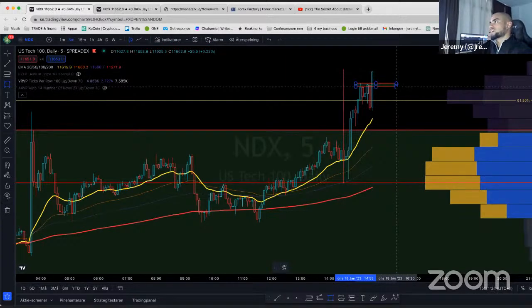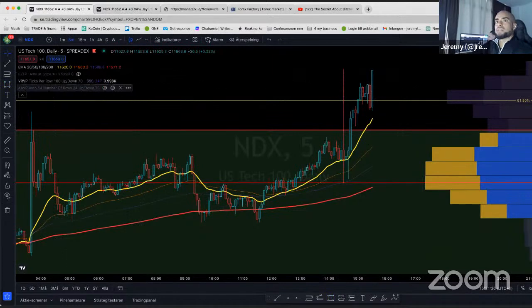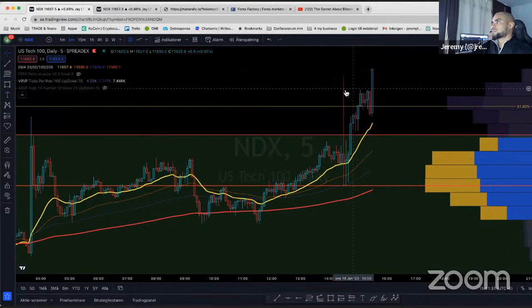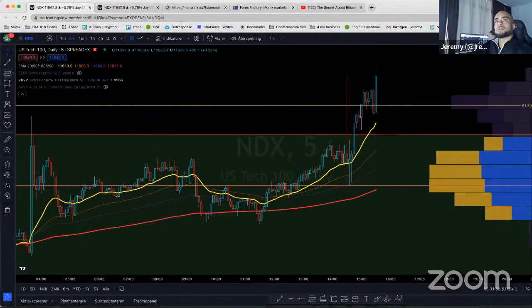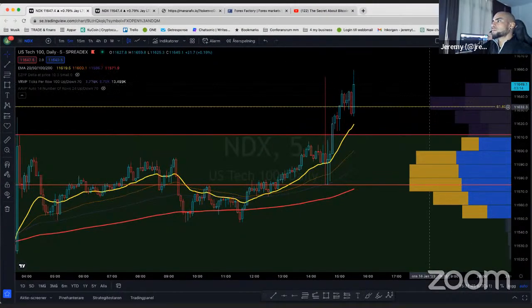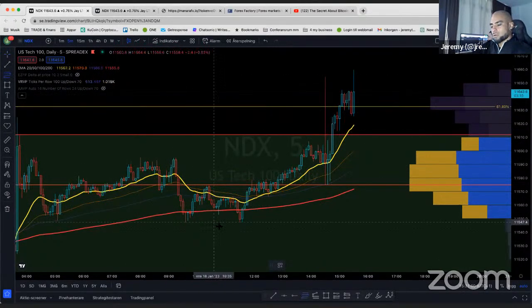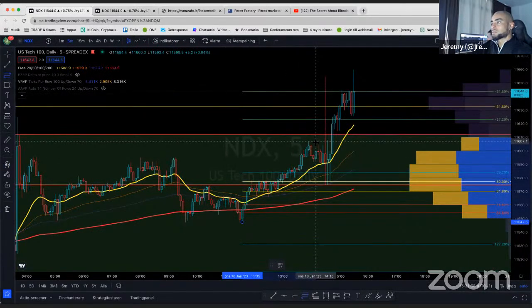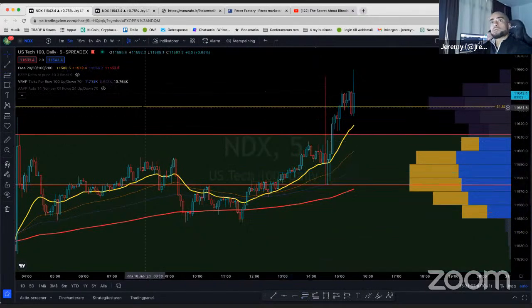So the market was hesitating, sellers versus buyers competing. And now the buyers have taken over the market. And with that takeover, what I'm going to be looking for is what level it's going to want to go to.